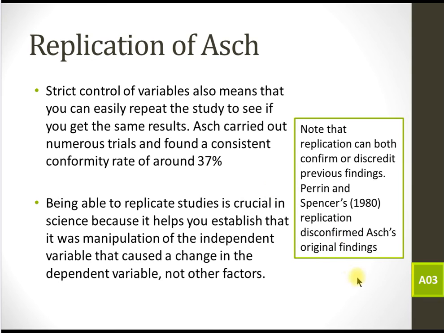There is a flip side to replication, though, is that sometimes when you replicate your study, you don't find the same results. And that's a problem. So Perrin and Spencer, for example, replicated Asch's study and found a conformity rate of less than 1%. So really low.